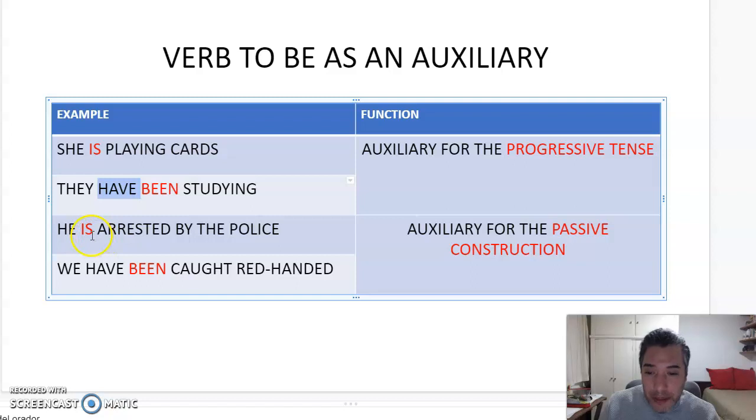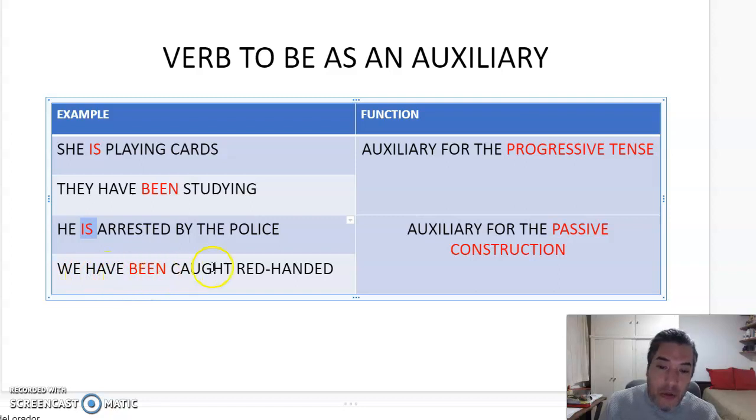And sometimes they can be used, for example, here, she is arrested by the police. This is, it's an auxiliary for the passive construction. Okay, because if you want to create a passive voice, you have to include this auxiliary verb to be. Okay, the same happened here.